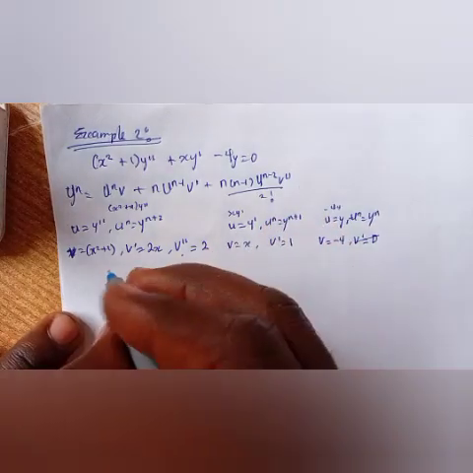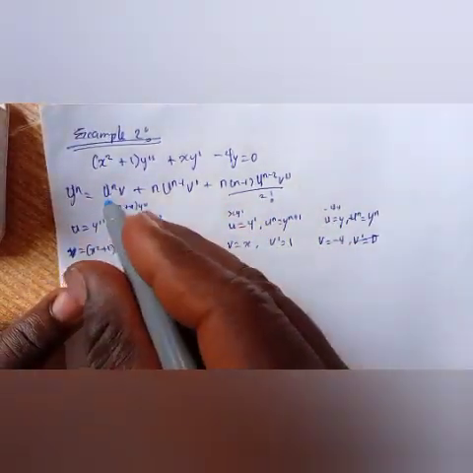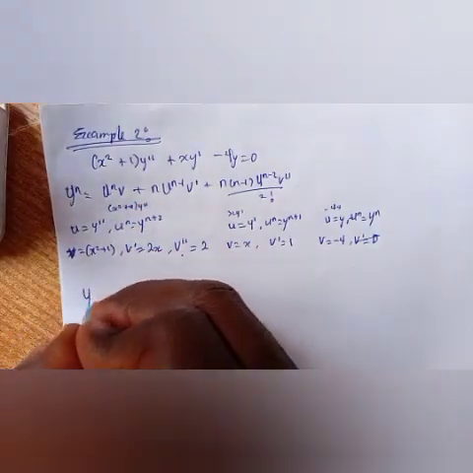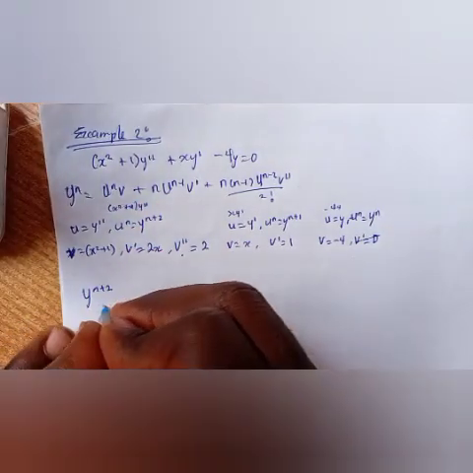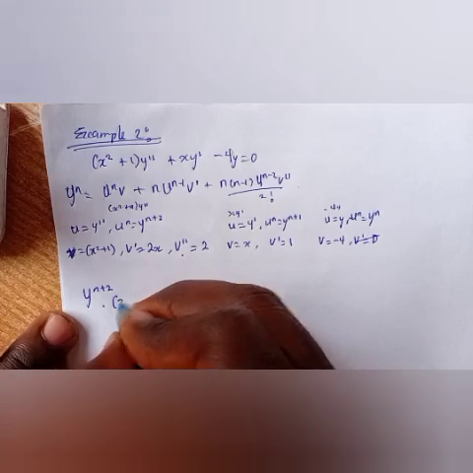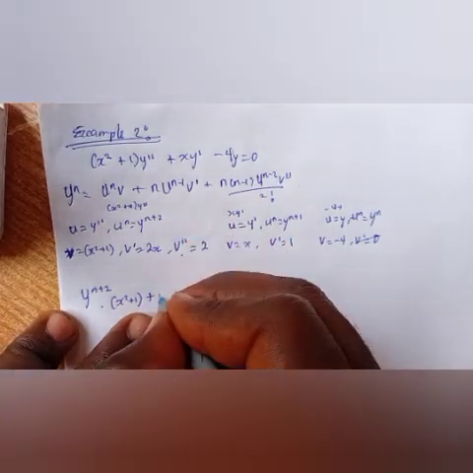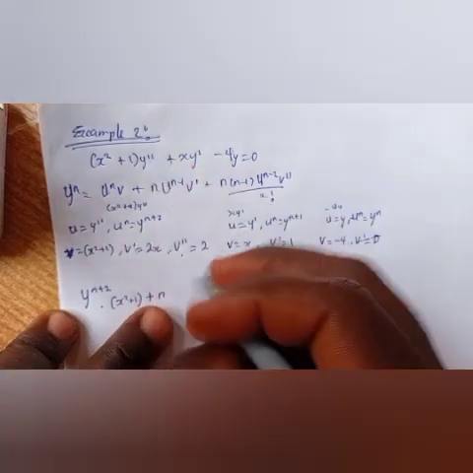Now from this one, using this formula, u_n is y_(n+2) times our v, which is x squared plus 1, plus n times u_(n-1), so it's minus 1 from n.